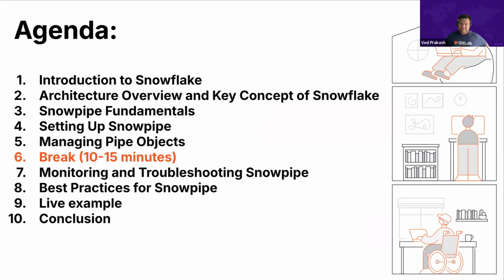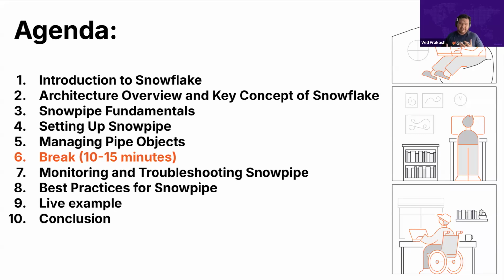Moving to the next, a brief look at the agenda for today. We'll talk about the introduction to Snowflake, the architectural overview and key concepts of Snowflake, because that's a very basic ground rule before we jump to Snowpipe, to understand what Snowflake is. This tutorial is mostly meant even for the beginner who is just coming to the new world of data. Then we talk about Snowpipe fundamentals, setting up Snowpipe, and managing pipe objects.